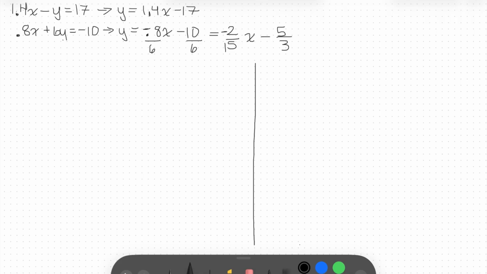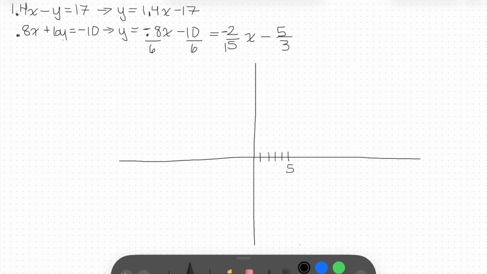All right, so we'll get an x and y axis, and then we're going to have to pick a scale. I think I could go 1, 2, 3, 4, 5.